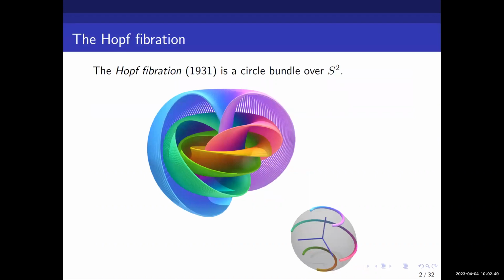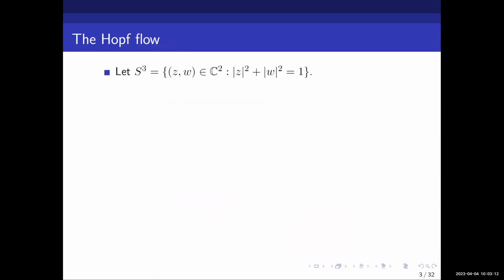You are probably familiar with this. You can think of tracing a point along this two-sphere, and then the fiber over the two-sphere is going to be some circle. Those circles are beautifully intertwined in these torus shapes, right?